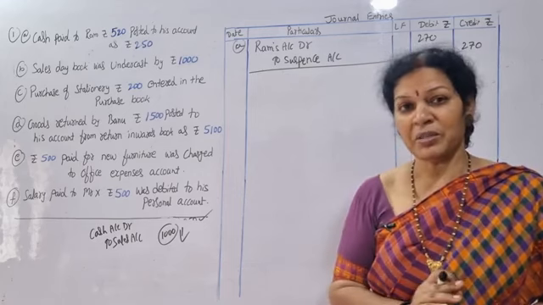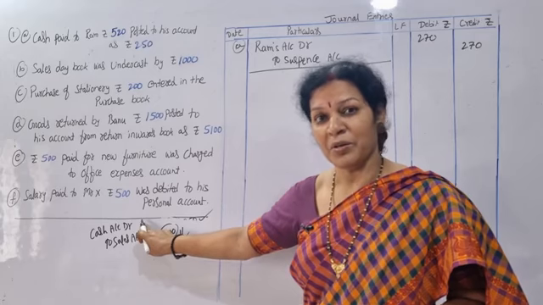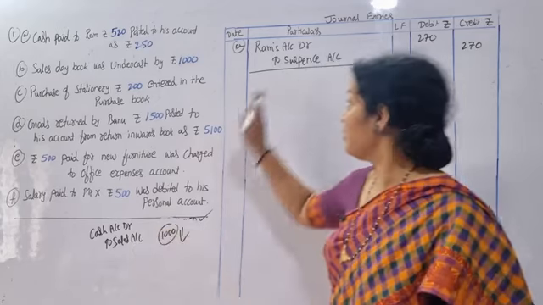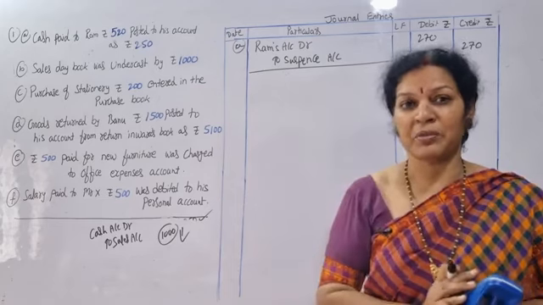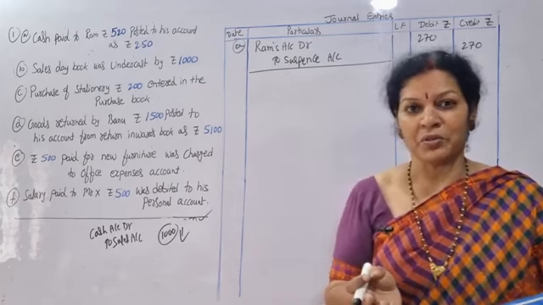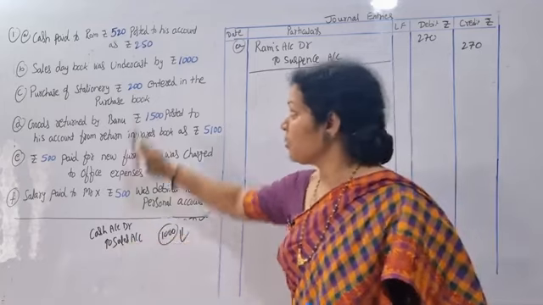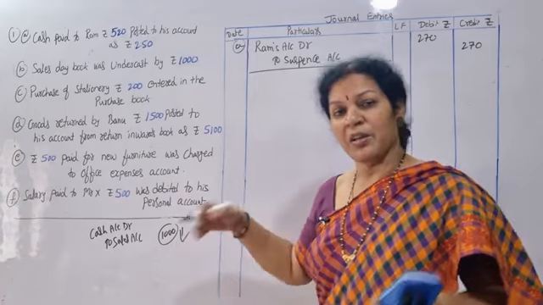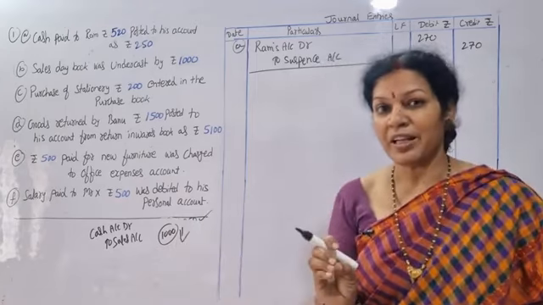Now what do we write on the debit side? Debit side is okay. They did not say anything about the debit side. What do we do? Suspense account, as I told you in the previous one, where only Ram's account had a mistake and the other side was okay. So suspense account. Here also only the sales book was undercast. Wherever it is undercast, you'll write on the same side.